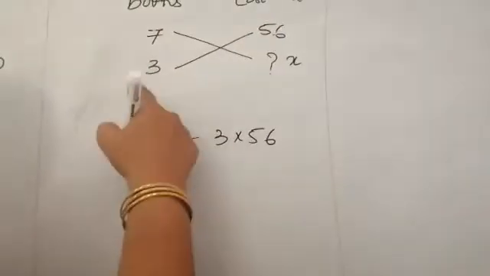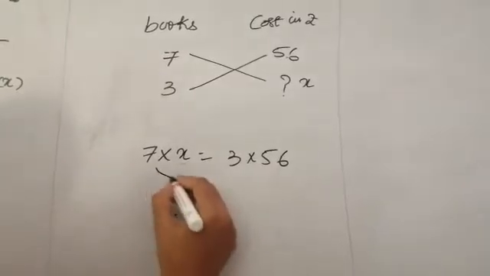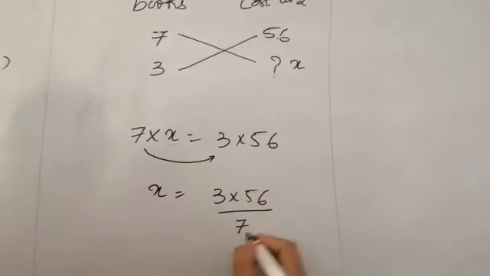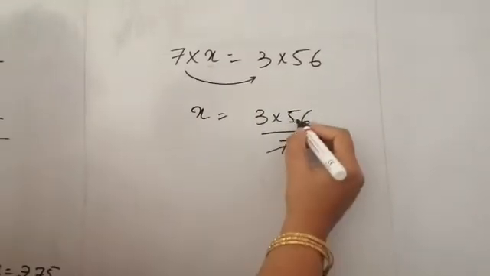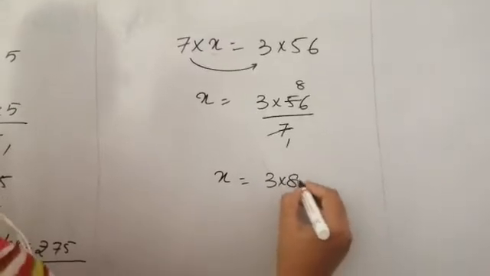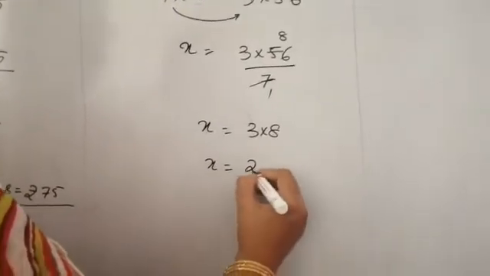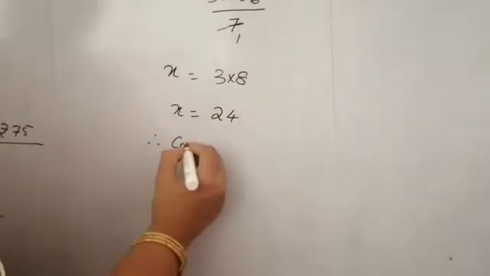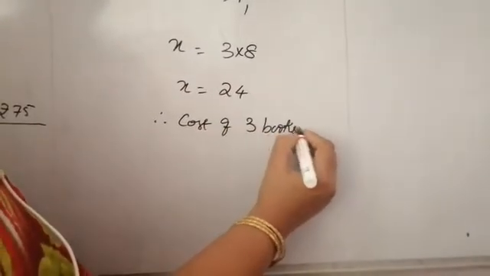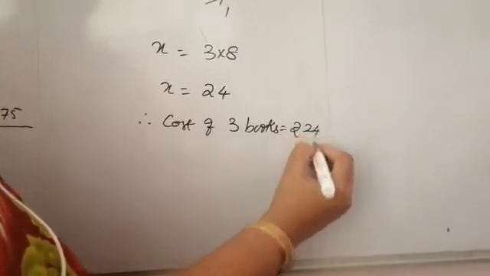So x is equal to, this 7 will go to the other side, and definitely it will divide. 7 ones are 7, 7 eights are 56. So x is equal to 3 into 8. So x is equal to 24. Therefore the cost of 3 books is rupees 24.